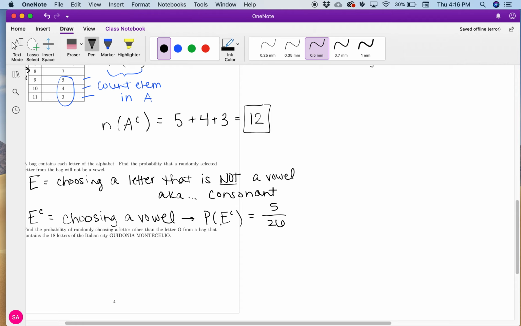Fortunately though, I can use the probability of choosing a vowel to figure that out. So remember those formulas with the complement? We can figure out the probability of E by finding 1 minus the probability of the complement of E. So 1 minus the probability of the complement of E is 5 over 26.